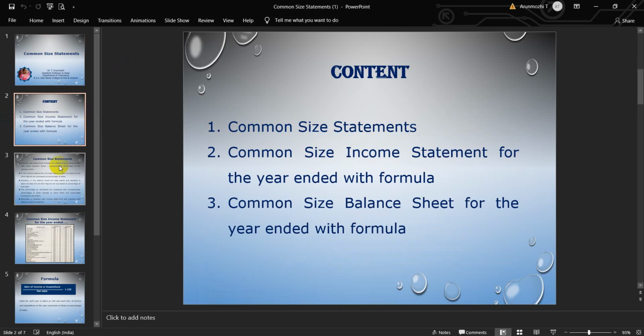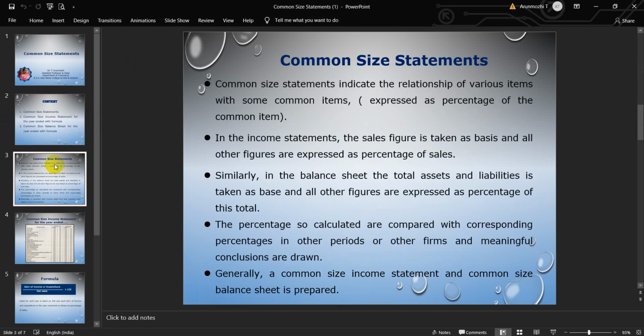Now, what is common size statement? It indicates the relationship of various items with some common items expressed as percentage of the common item. In the income statements, the sales figure is taken as the basis and all other figures are expressed as percentage of sales.